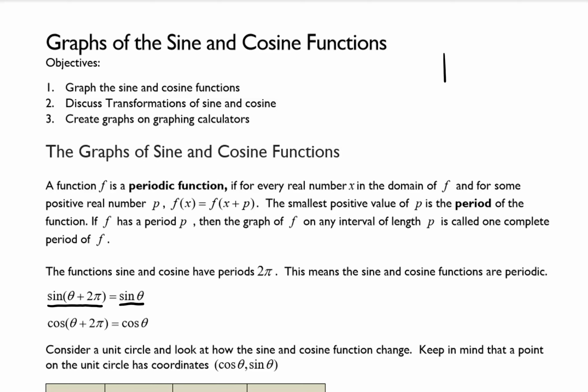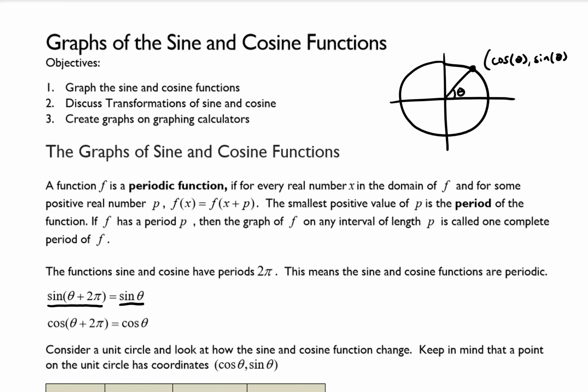And let's think about why that is. If we think about the unit circle, let's say we have some angle theta here, and it has a terminal point. The coordinates would be cosine of theta, sine of theta.